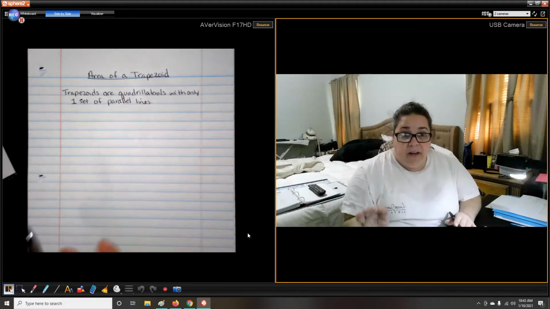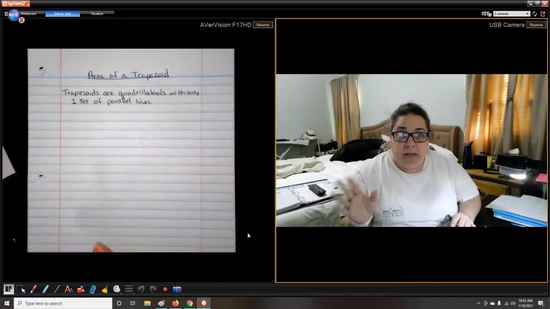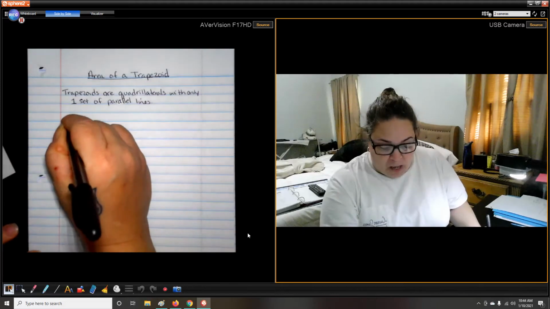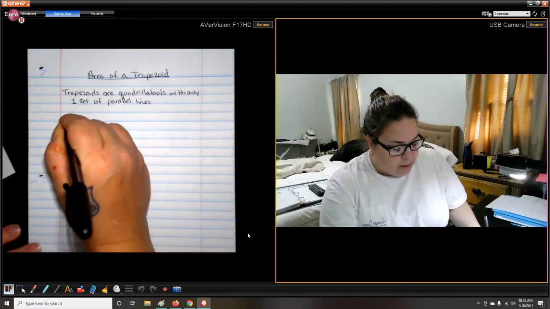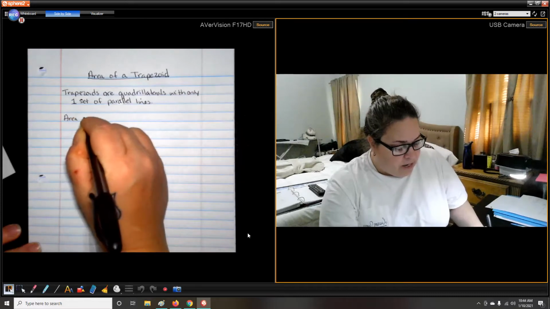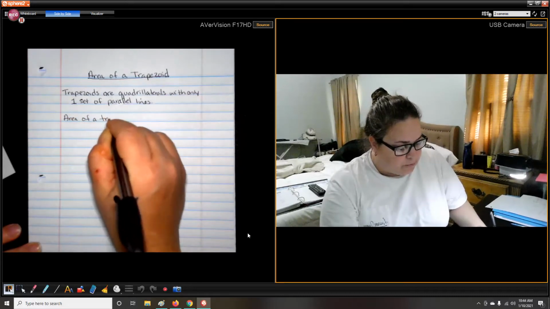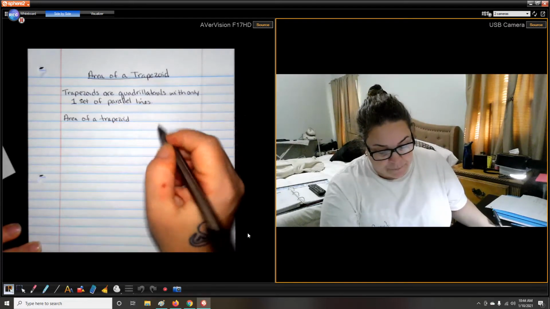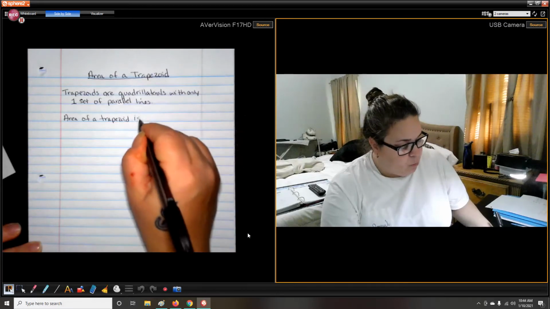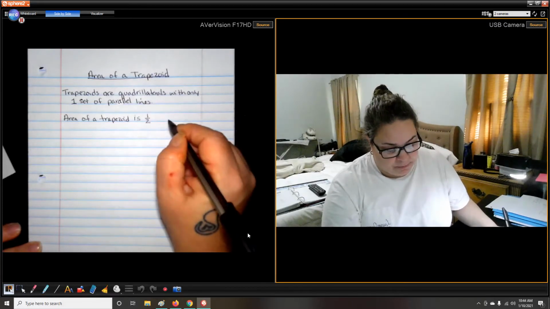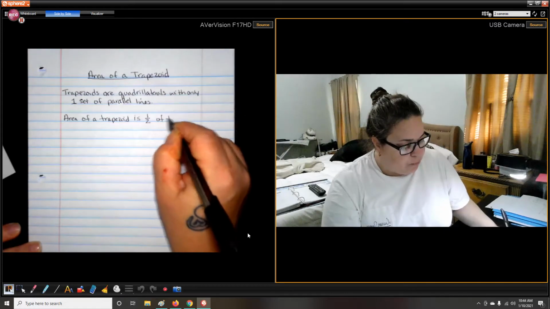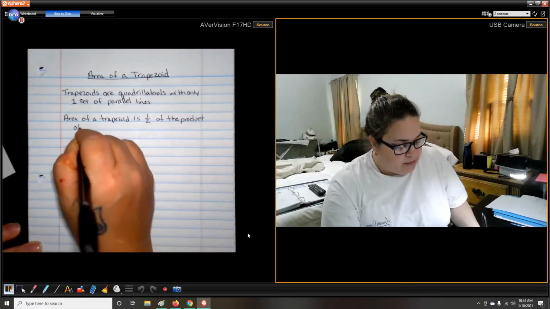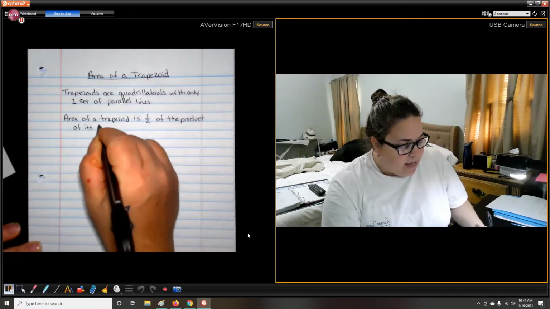The formula for area for a trapezoid is a little weird, and we'll explain it. But first, we're going to start just by writing it. So, area of a trapezoid is 1/2 of the product of its height.